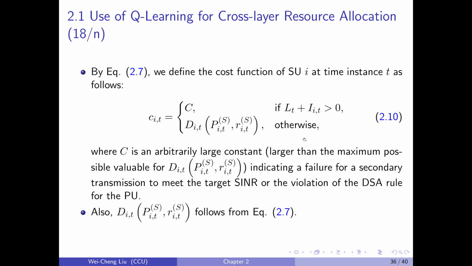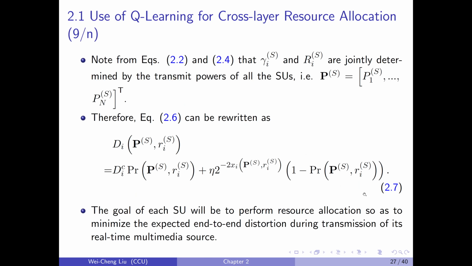The second case is a success for a secondary transmission to meet the target SINR. Also, D_i^t of P_i^ts, R_i^ts follows from equation 2.7. Let us see equation 2.7 again. It is this equation.